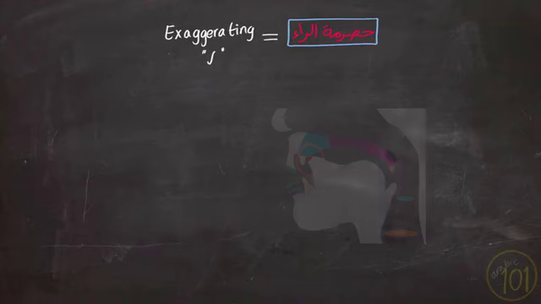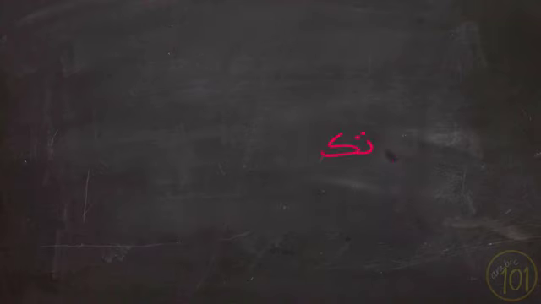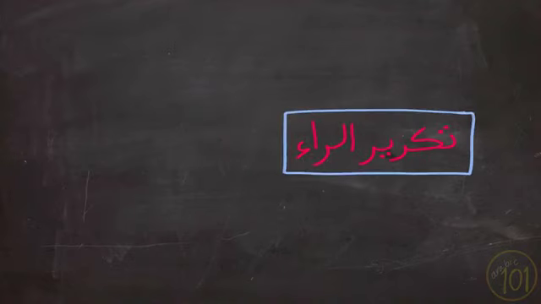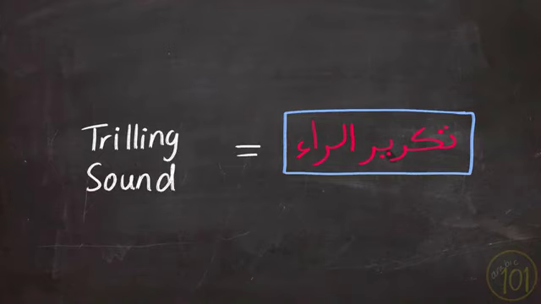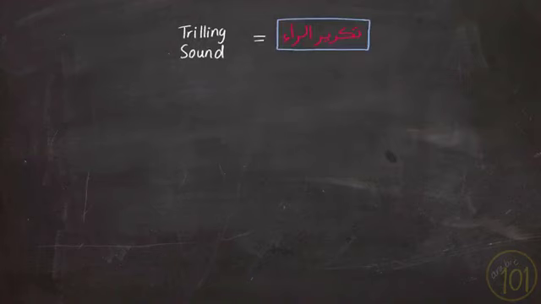The second mistake that can happen when pronouncing the ra sound is takrir al-ra. And the word takrir refers to the trilling of the ra. The trilling is this sound, r. And when it comes to this topic of takrir al-ra, there are two main schools of tajweed.